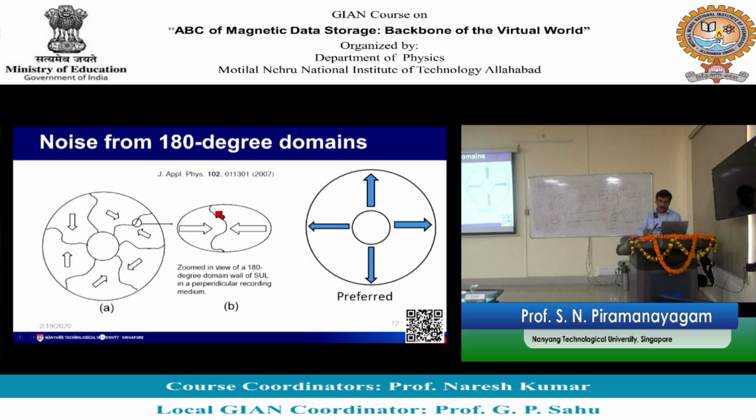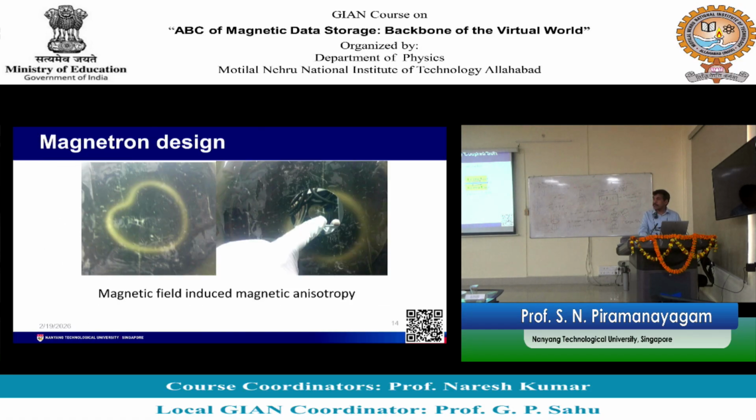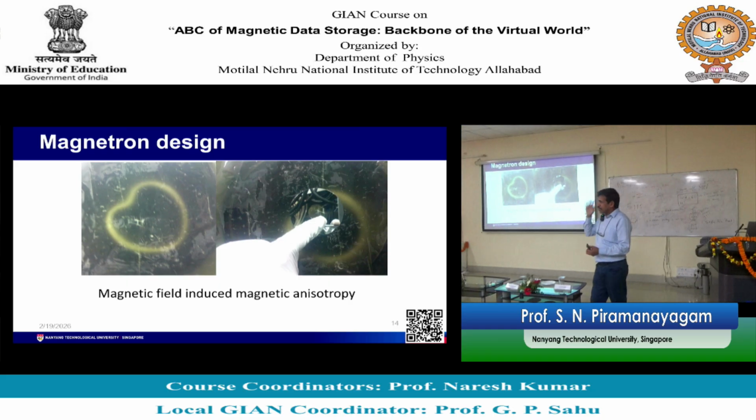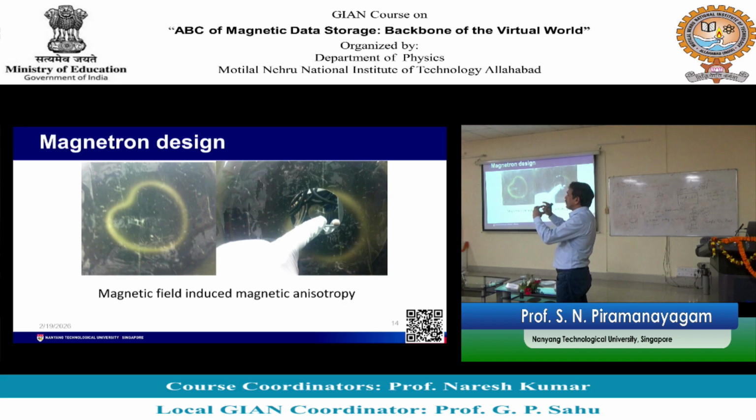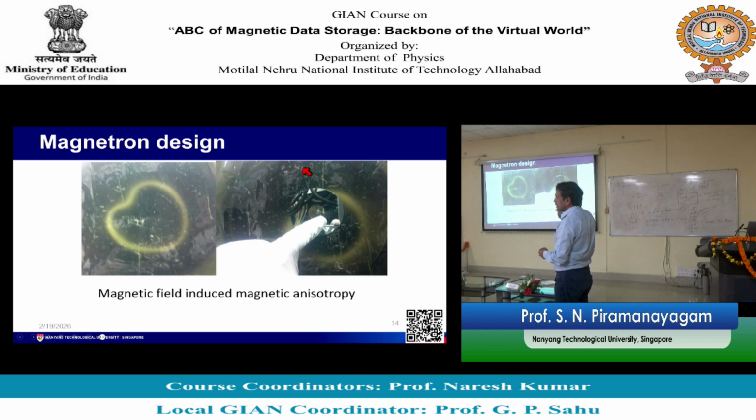So, this is one way we solved it. During the deposition that field is always on. So, you have a substrate and you have magnetron rotating, even though the magnetron is rotating, this component is always in certain direction so that the radial anisotropy exists.